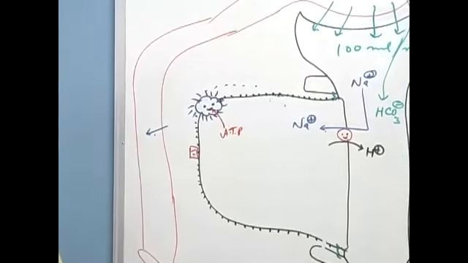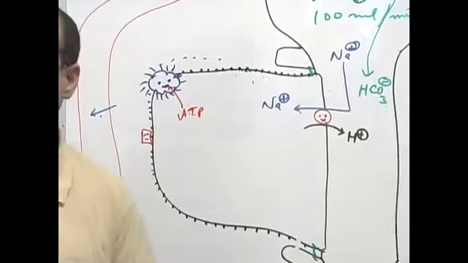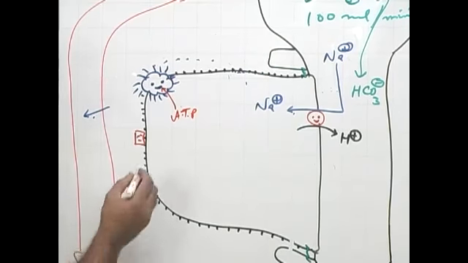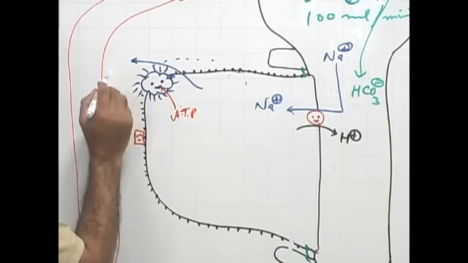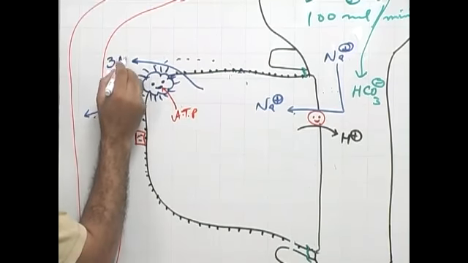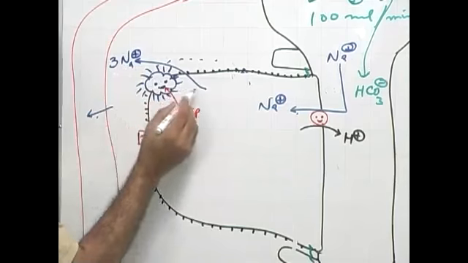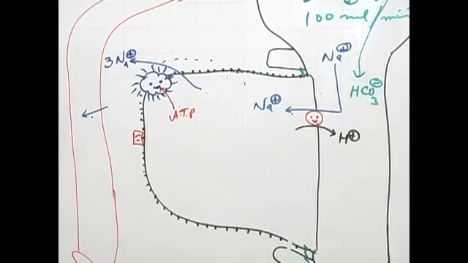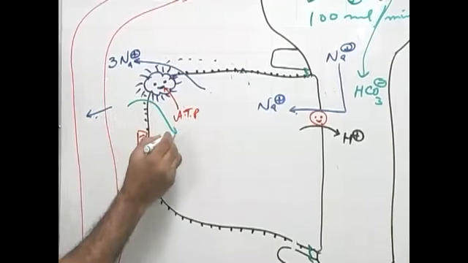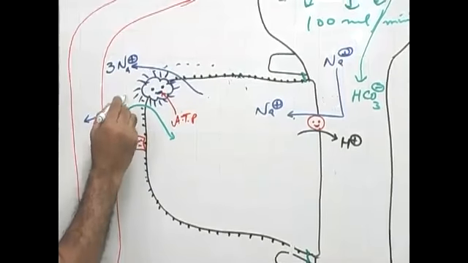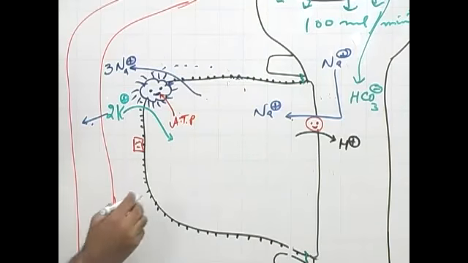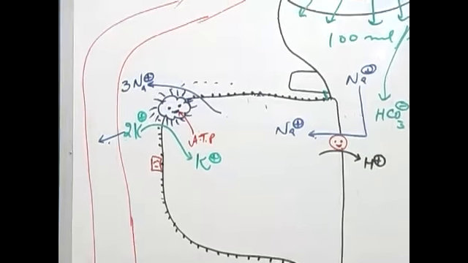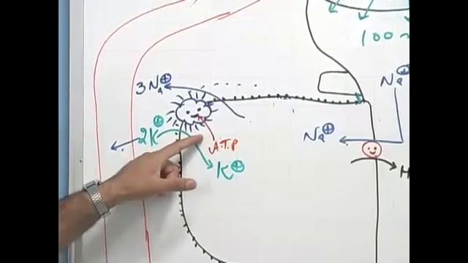And whenever they utilize one molecule of ATP, every time they throw 3 sodiums out. They capture 3 sodium from intracellular fluid and throw it out, and they capture 2 potassium from the interstitial fluid and throw it into the cell.